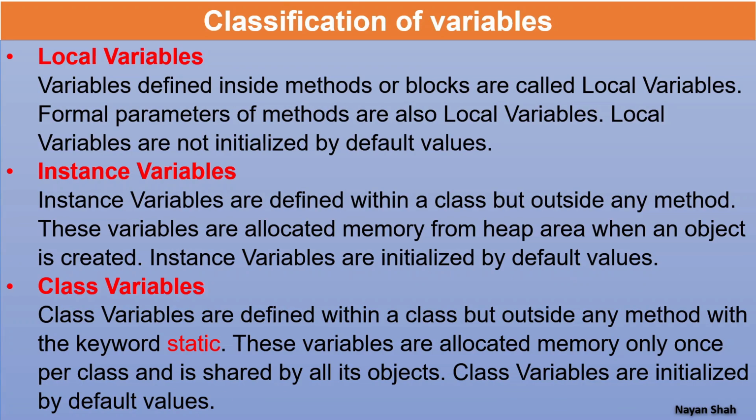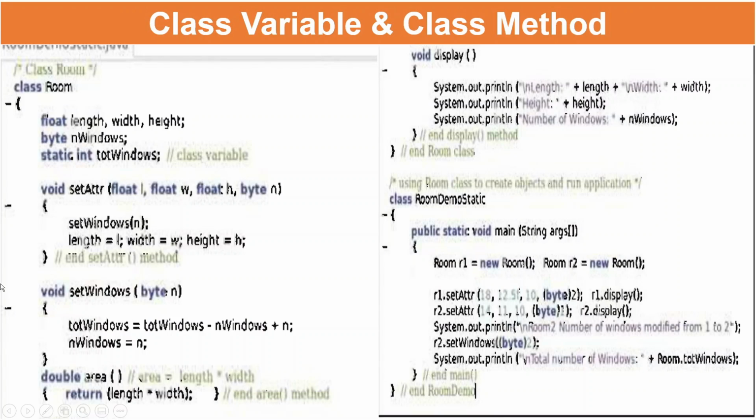Third is the class variable. Class variables are also defined outside any method within a class, but they are preceded by the keyword static. As you can see here, totalWindows is a class variable. It is a static variable because it is defined outside any method within class Room, but preceded by the keyword static.